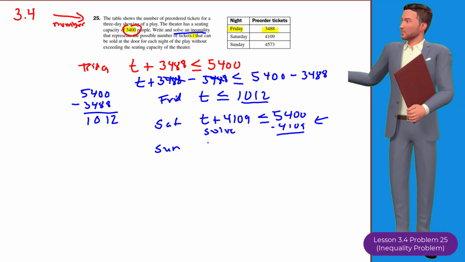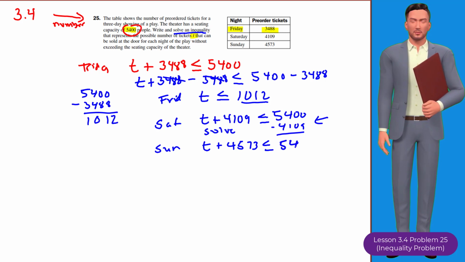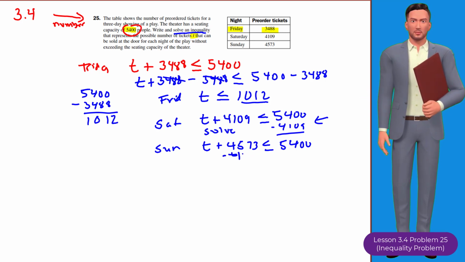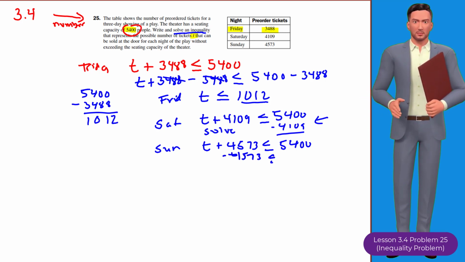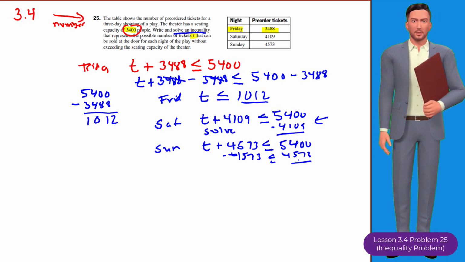Sunday, you're going to have T plus the pre-sale of 4,573. That has to be less than or equal to 5,400. On this one, you're going to subtract 4,573 from both sides and come out with your number of tickets.